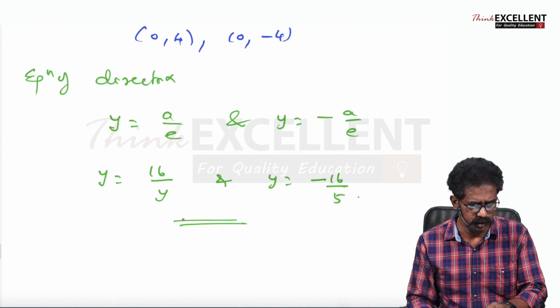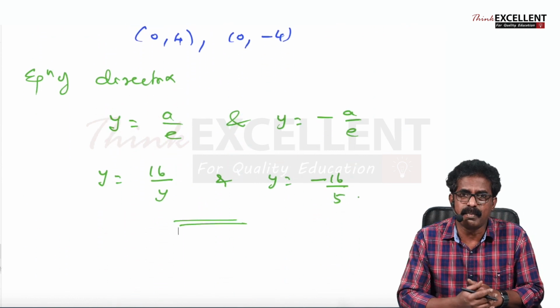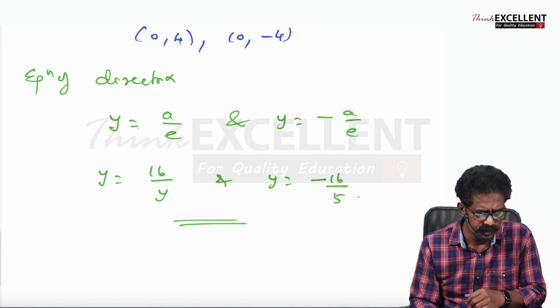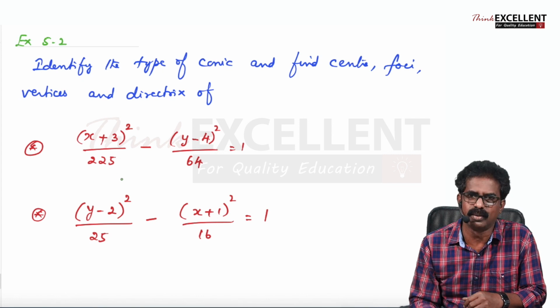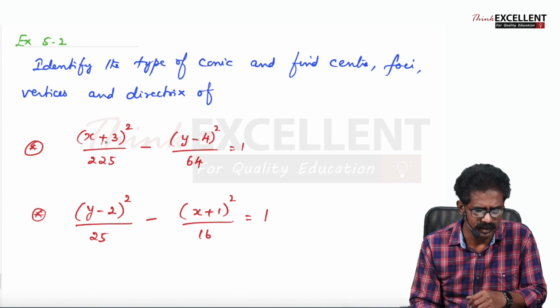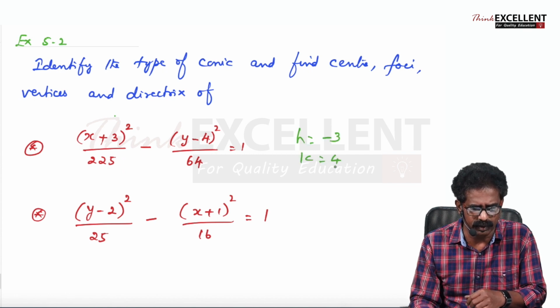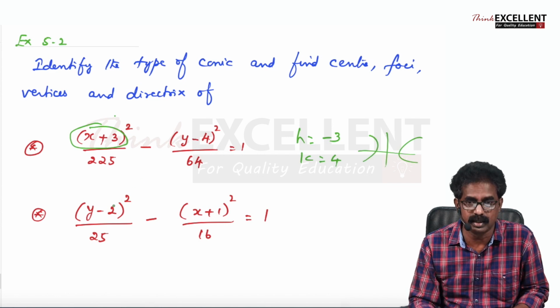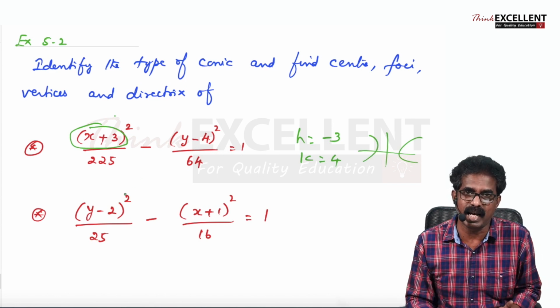So hope you understood. Now here there are some 5 mark questions. If they give questions of this type, I think you can do this, right? So (h, k), right? h value minus 3 and k value what? Plus 4 for this question. Then starting with x, so it is first type only, right? It is first type, so you can use the results. But only thing, (h, k) you have to add, right?